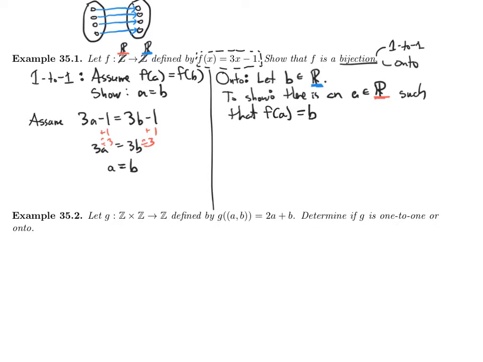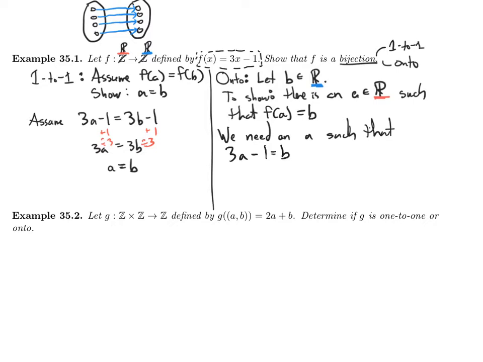So no matter what element I choose in my codomain, I can find an a, so that if I input a into the function, it outputs b. Okay. So what does that mean? So we need an a such that 3a minus 1 equals b.